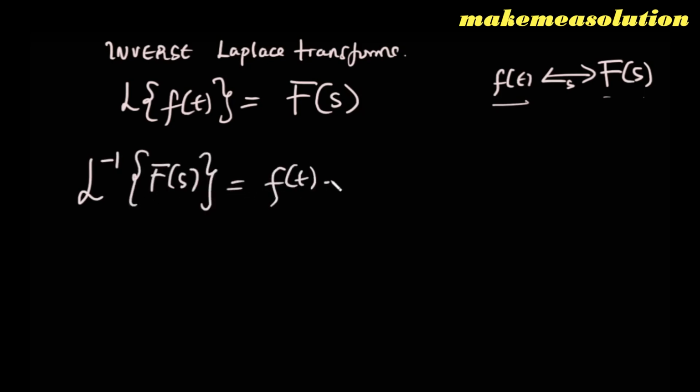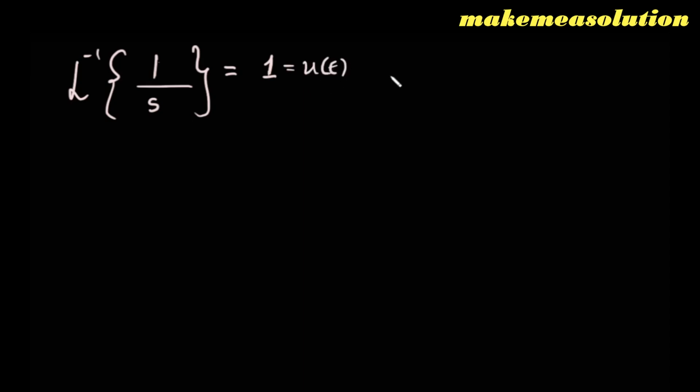For this case, I'm just going to give us some examples. Let's say you want to find the inverse Laplace transform of 1 over s. Where is this coming from? It's actually unity. The inverse Laplace transform of 1 over s is 1, which is the same thing as your u of t, the unit step function.